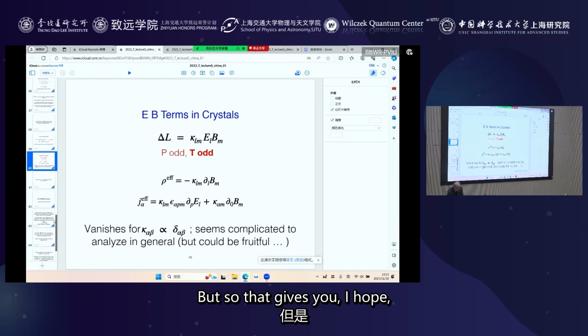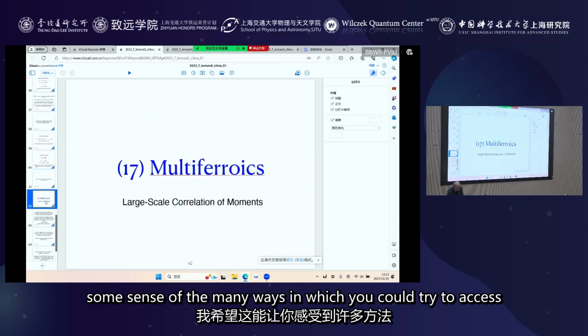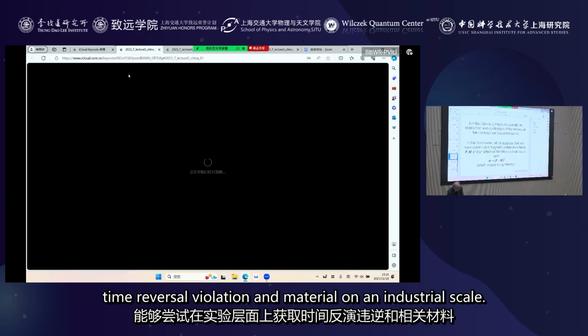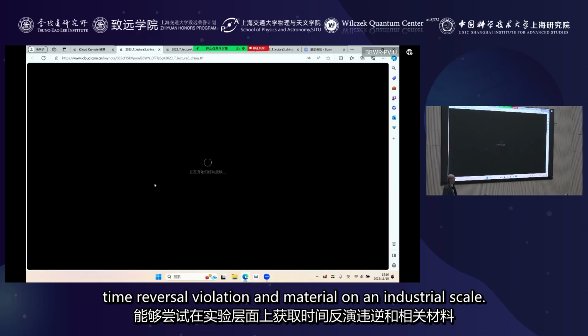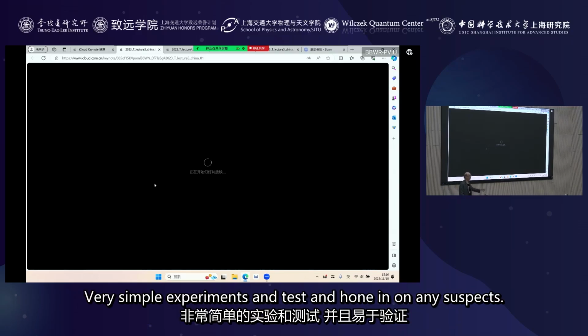So that gives you, I hope, some sense of the many ways in which you could try to access time reversal violation in materials. These are very simple experiments that you can test and hone in on any suspects.